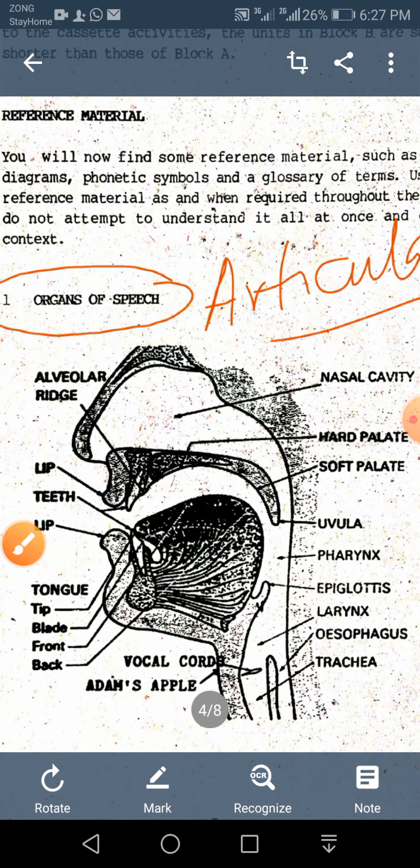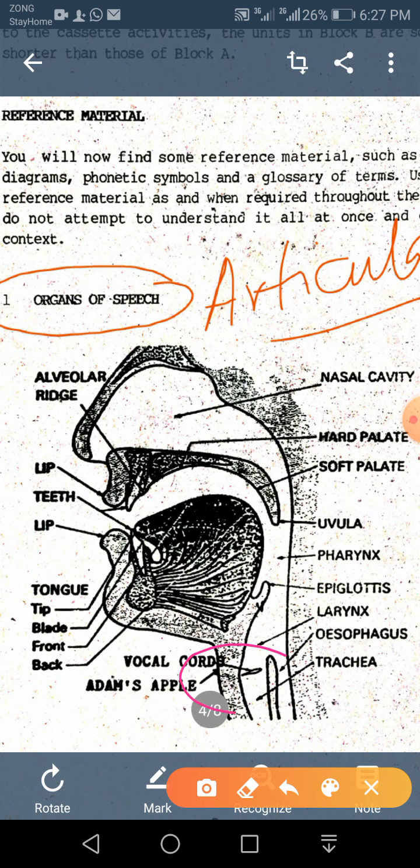As you can see, this is our throat. The outer part is known as the Adam's apple, and the inner part is known as the larynx. This is also known as the voice box, because the voicing feature is added to the sounds here. Only one sound is produced here, and it is like this.